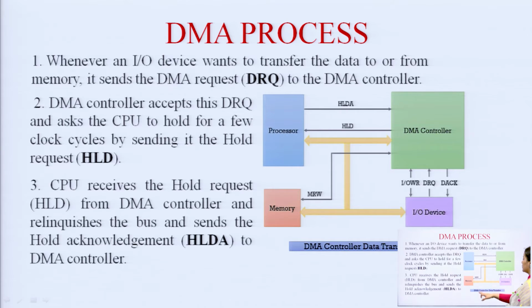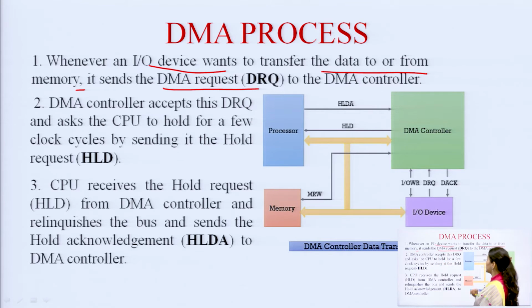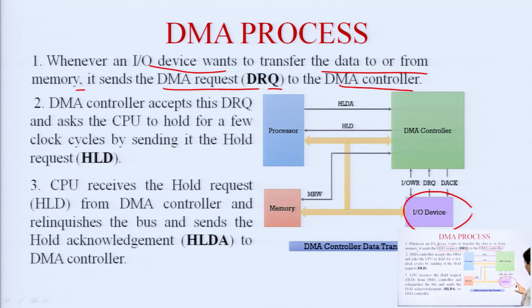This is the whole diagram which is presenting the DMA operation. Whenever an input device wants to transfer the data to or from the memory, so we are dealing with the memory only, it sends the DMA request DRQ to the DMA controller. So, this is the input output device and it wants to communicate with the memory directly without using the processor.